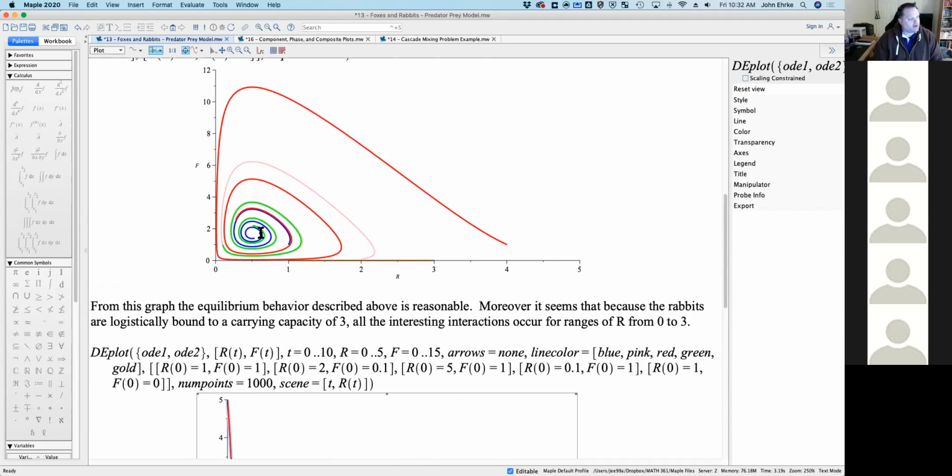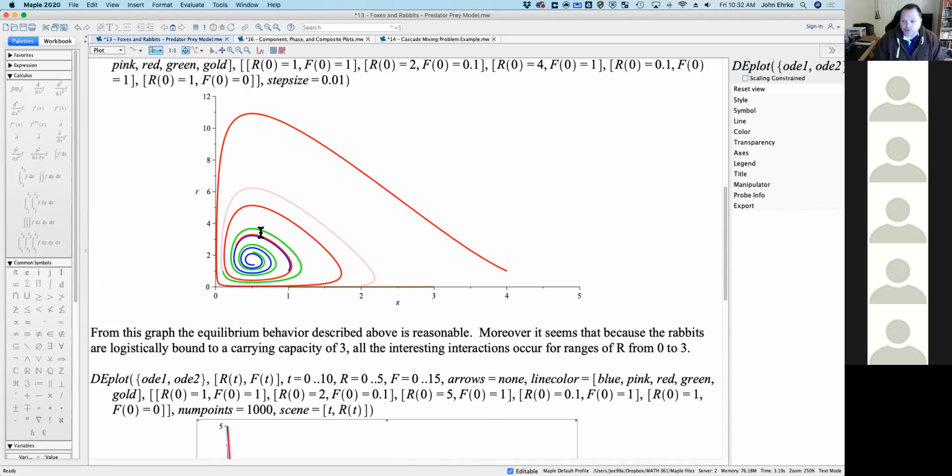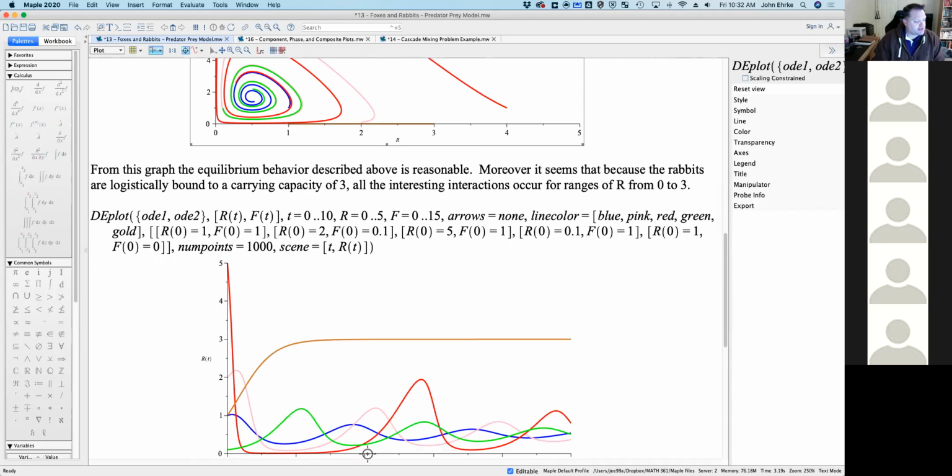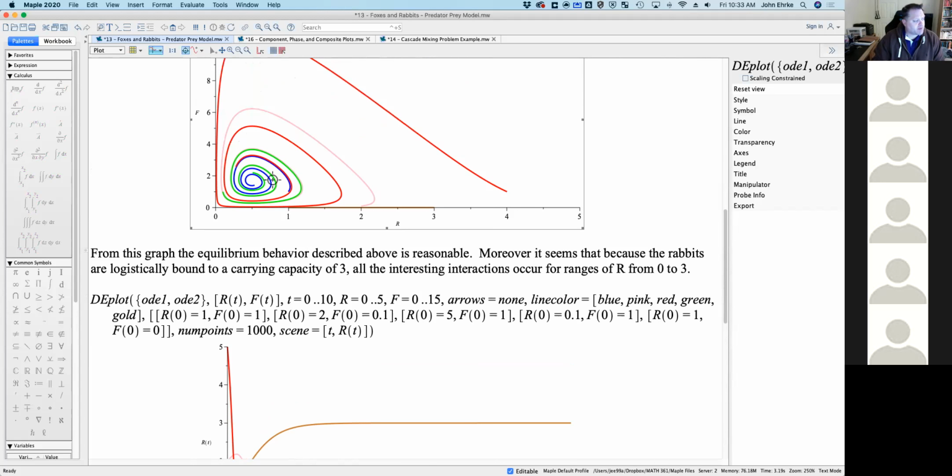One of the things to maybe jot down in your notes is that spirals or circles in the phase plane correspond to periodicity or waves in the component plane. So component plots that have some sort of periodic wave-like behavior create spirals or cycles in the phase plane behavior.